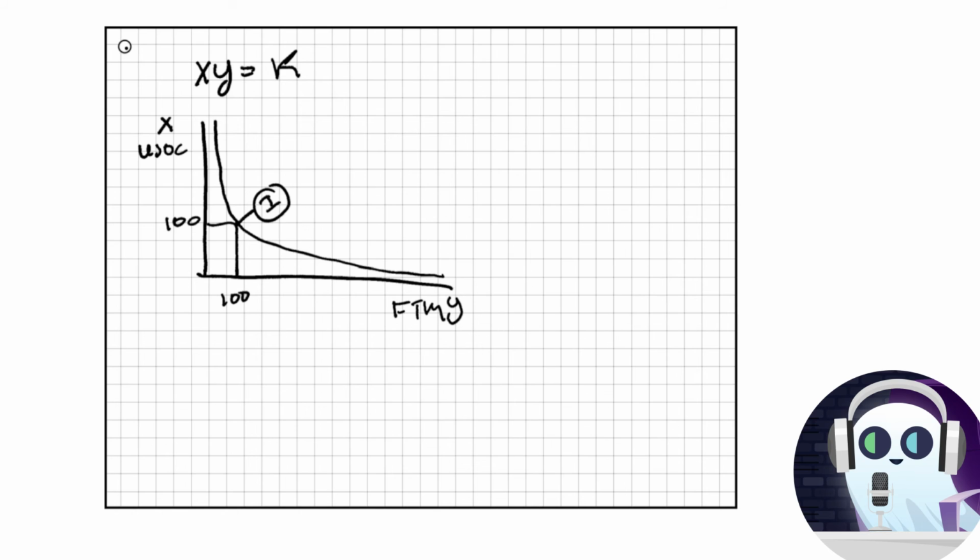And then say that we bought 100 FTM. Then that would make FTM 200 in the reserve, and USDC 50. So now this would be the new price right here. That would be 200 over 50, which is 4. And so that's kind of what the graph looks like.